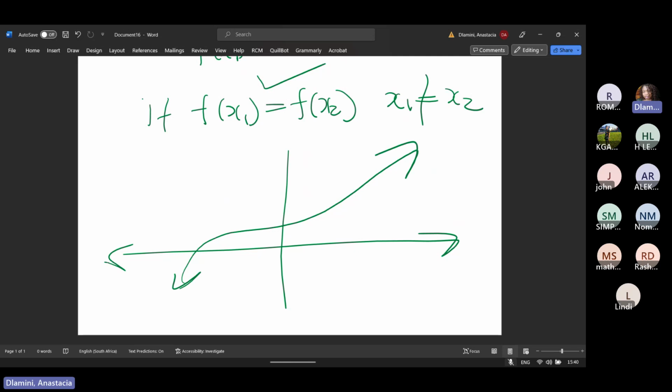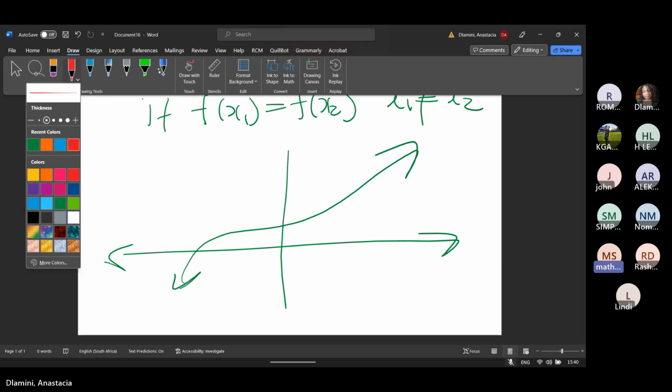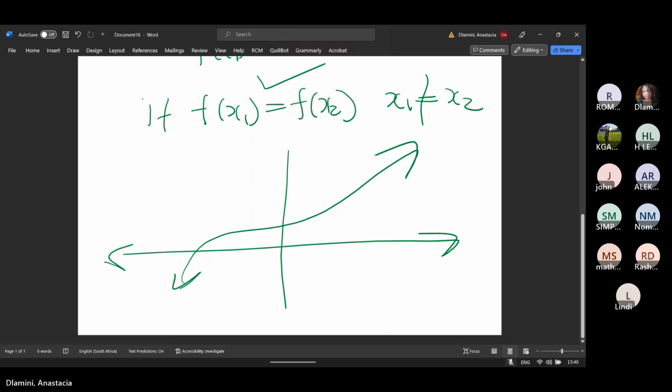How do you know this graph is one-to-one or not? We have a vertical line test, or a horizontal line test. Thank you. Last time we talked about a vertical line test, right?